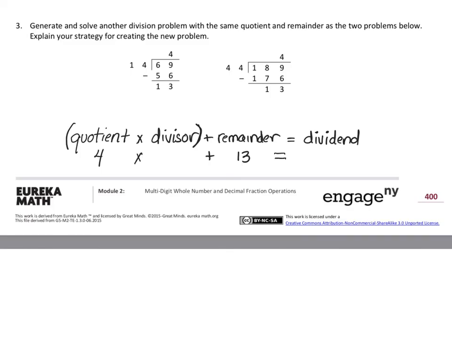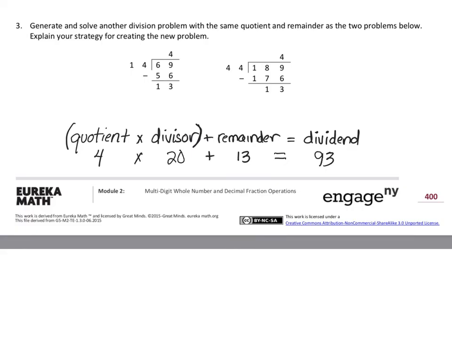So let's try a divisor that is larger than the remainder. Let's say 20. 20 times 4 is equal to 80. 80 plus 13 is equal to 93. So we just came up with a new division problem with a remainder of 13 and a quotient of 4.